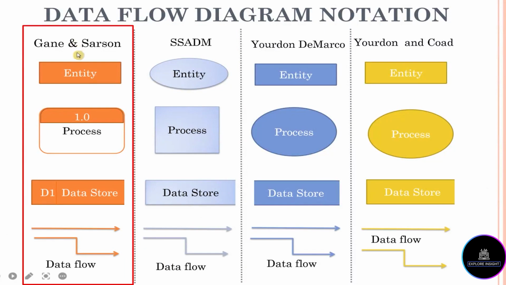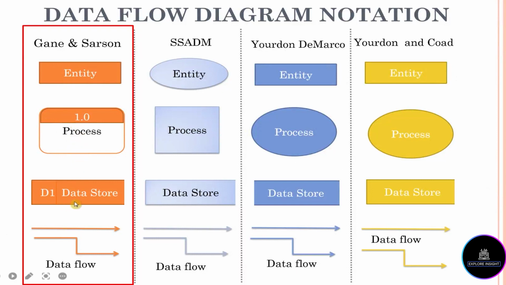Next I want to talk about is Gane and Sarson. The entity component is similar to Yourdon DeMarco and Yourdon and Coad. Whereas the process is quite different, which is seen to use a rectangle with rounded corners.